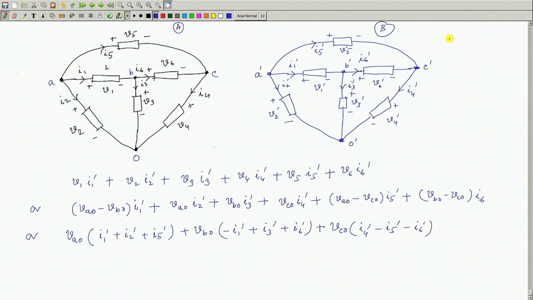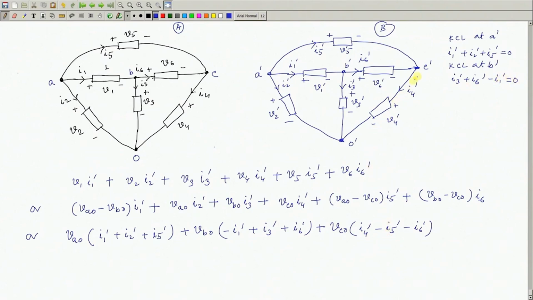Now, what is KCL at A? KCL in network B at A dashed is how much? I1 dashed plus I2 dashed plus I5 dashed is 0. KCL at node B dashed is I3 dashed plus I6 dashed minus I1 dashed, and that is equal to 0.